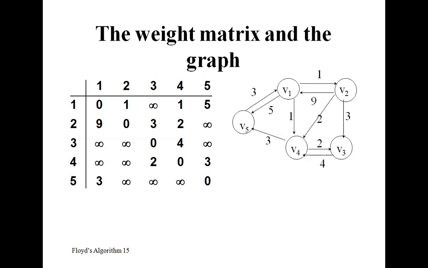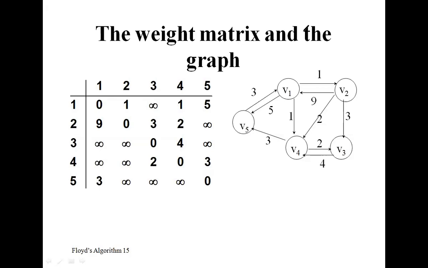Now see the vertex v1. From vertex v1 to vertex v1, 0. Since vertex 1 to vertex 1, the distance is 0. Vertex 2 to vertex 2, the distance is 0. Vertex 3 to 3, distance is 0. 4 to 4, 0. 5 to 5, 0.